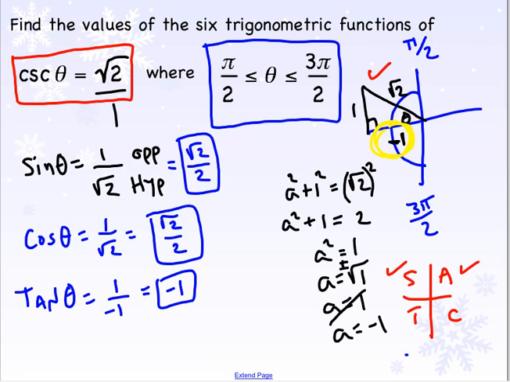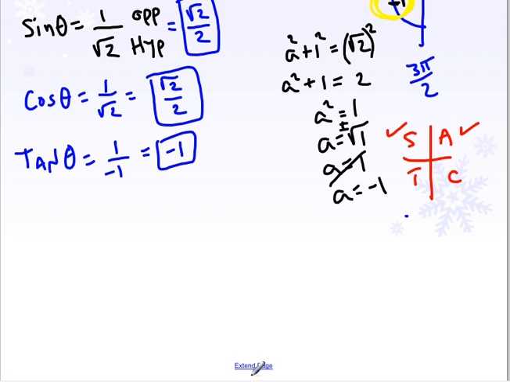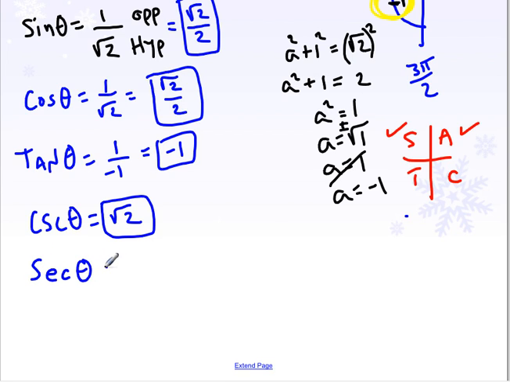And then we could find all the reciprocal functions. So if we did cosecant, oh, that was already given, wasn't it? Cosecant is the reciprocal of sine, so you would get radical 2, but again, that was given. Secant is the reciprocal of cosine, so let's flip cosine. We could either flip this one, and we'd have a 2 on the top and a radical 2 on the bottom, but then we'd have to fix that radical 2 on the bottom.